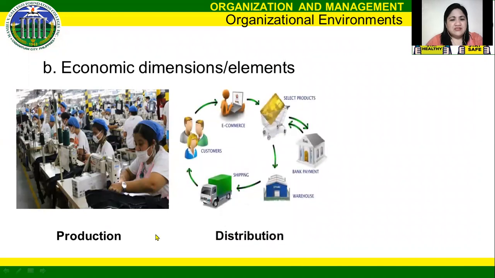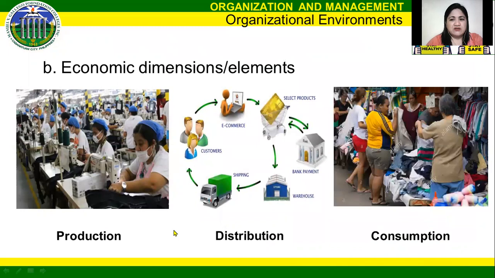This can also be influenced by economic dimensions of elements, which has something to do with the production, the distribution of goods, as well as the consumption of goods. So ito po yung pagdalaw na ng mga produkto sa merkado, wherein the production, we cannot control the aspects or factors that will possibly affect production, like the supplies, costing, etc., as well as the distribution.